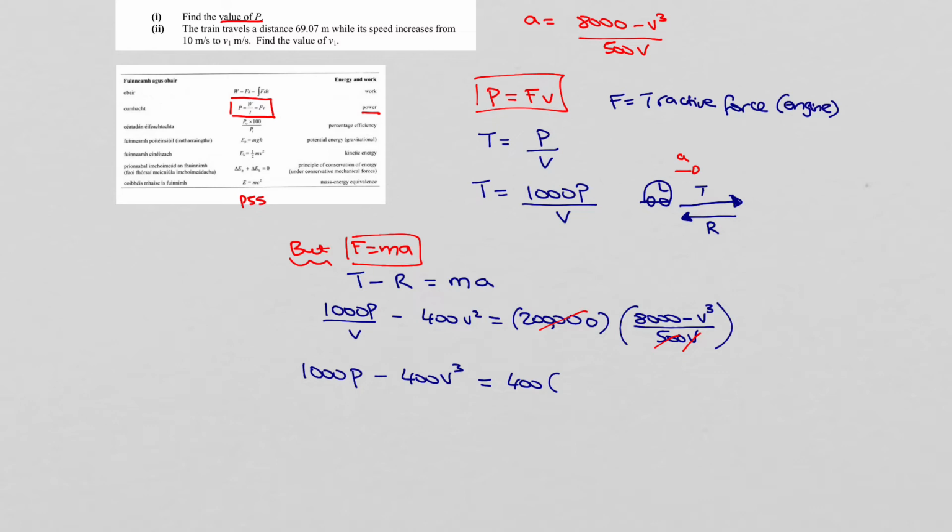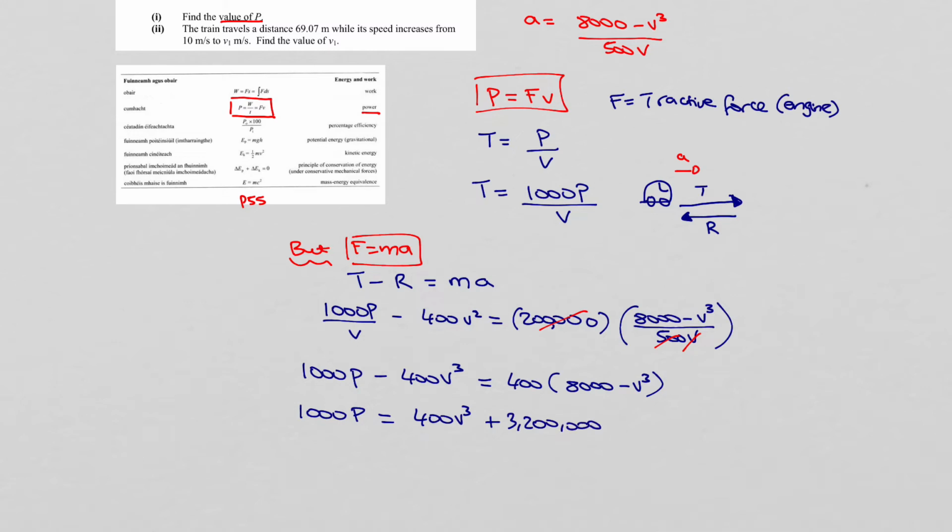That leaves me with 400 times (8,000 minus v cubed). So let's rearrange and get rid of our brackets. We have 1,000 P equal to 400 v cubed plus 400 times 8,000, which is 3,200,000.